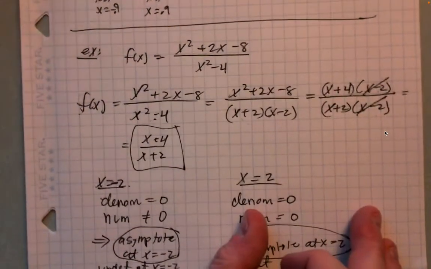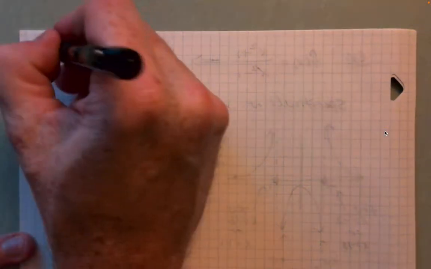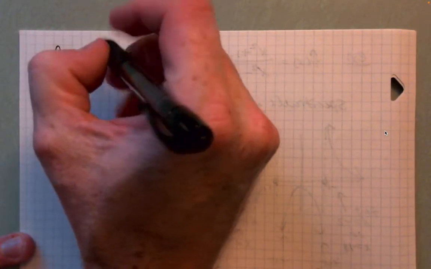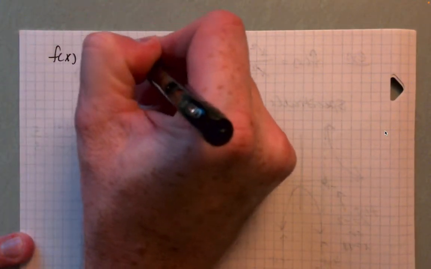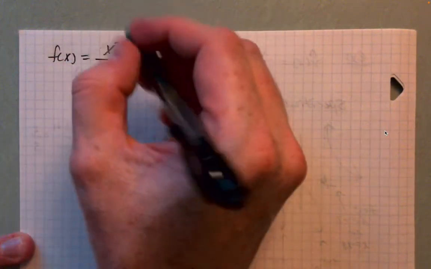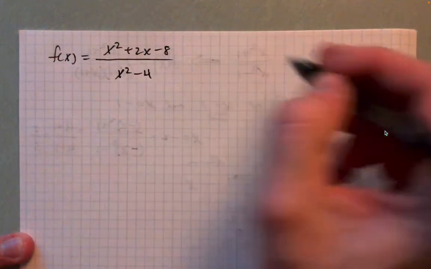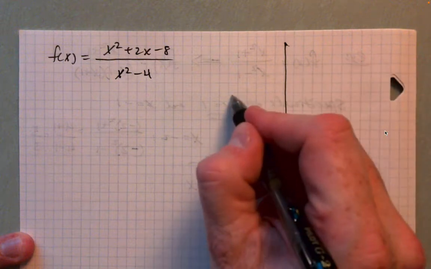So what does this function actually look like? Well, let me draw it. So the function, again, just to write it, is f of x equals x squared plus 2x minus 8 over x squared minus 4. Right, and the function kind of looks like this.